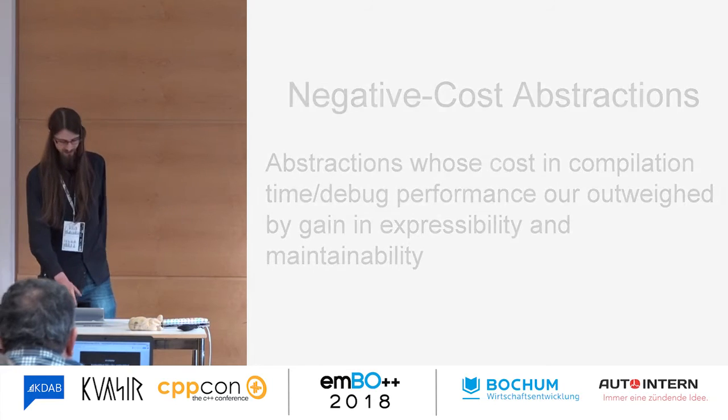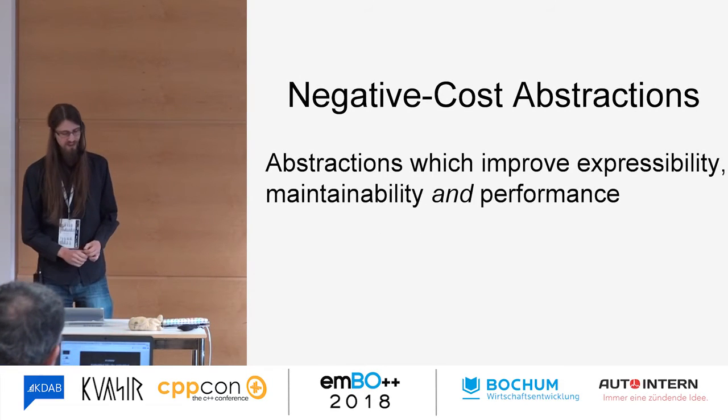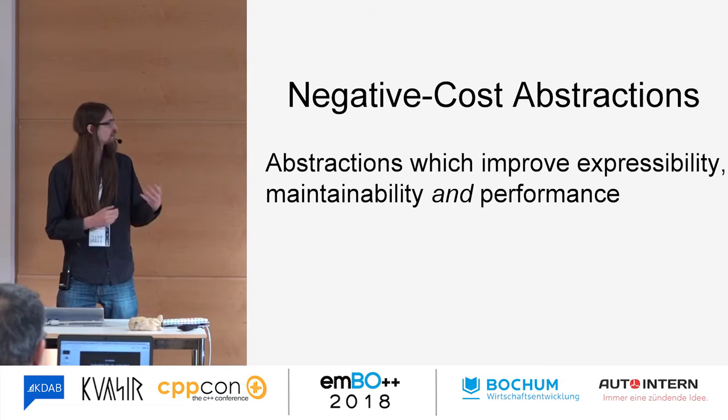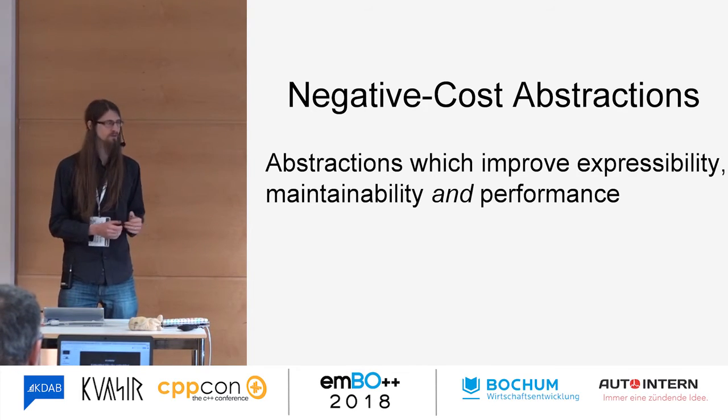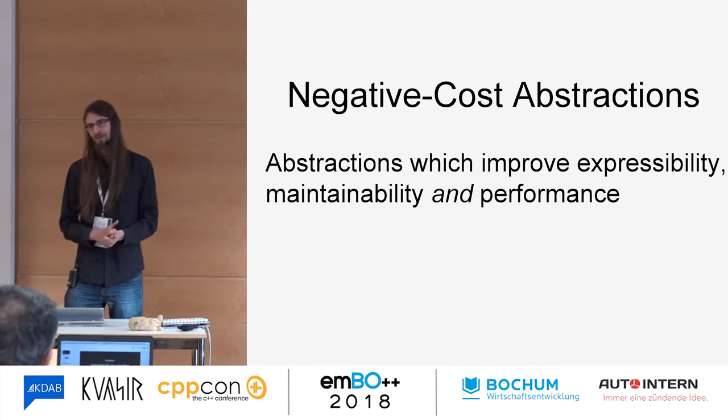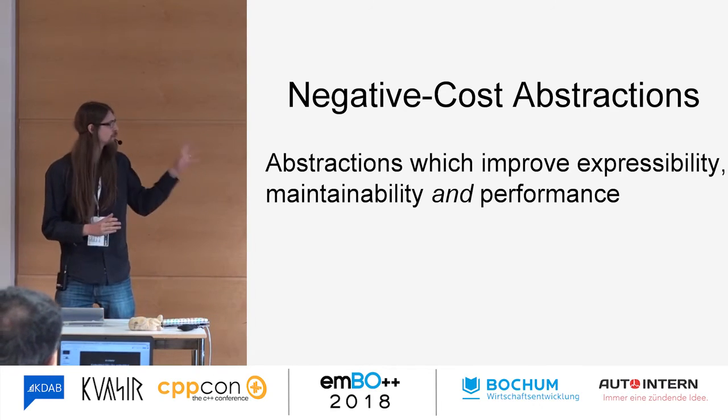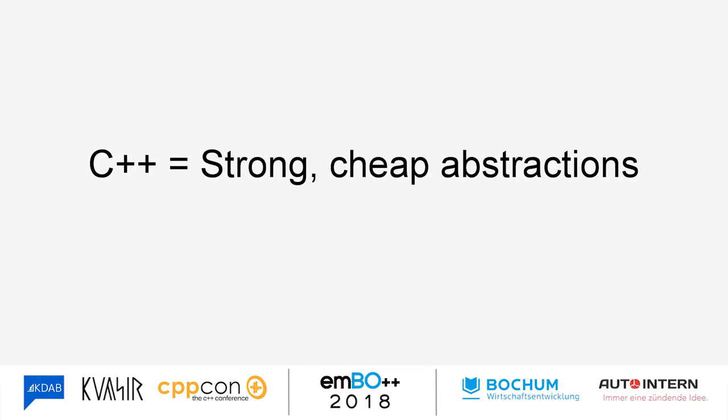We can then take this idea even further as abstractions which improve expressibility, maintainability, and the performance of your code in release builds pretty much entirely. So I do think that this is something which is possible in C++. C++ is all about strong, cheap abstractions. It's, I think, one of the best languages in the world for building abstractions which allow expressive code which is fast.